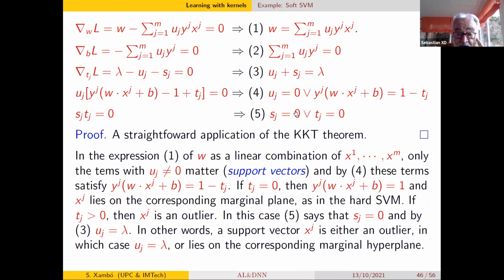In this case, 5 says that sj is 0, and by 3, uj has to be lambda. In other words, the support vector xj is either an outlier, in which case uj is lambda, or lies on the corresponding marginal hyperplane, as in the case of the hard machine.